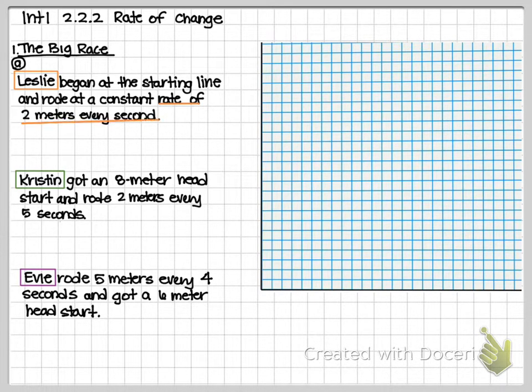And I want to be able to write that as a fraction like I would with slope. So I'm going to write m equals 2 meters per, so it's creating my fraction, every second. So that is every 1 second.